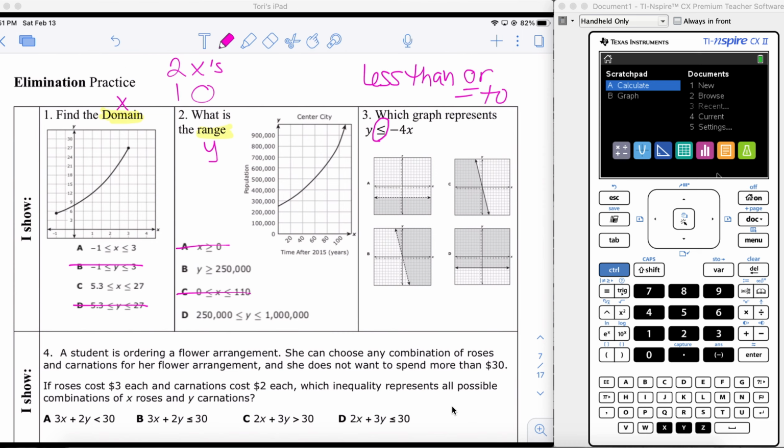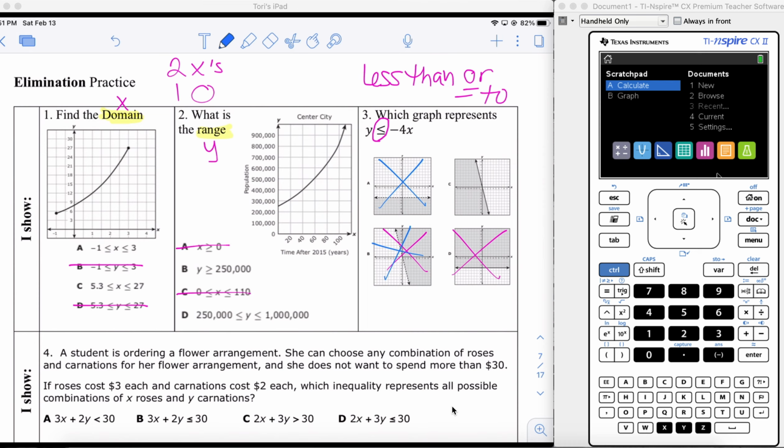So let's say you remembered that a less than means below. I would eliminate these two answer choices because it's above, okay? Let's say you remember that an or equal to means that it's a solid line. I could eliminate the two dashed line options and give myself a 50-50 option, okay?